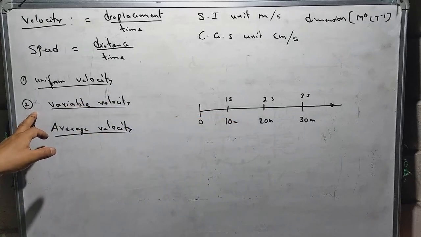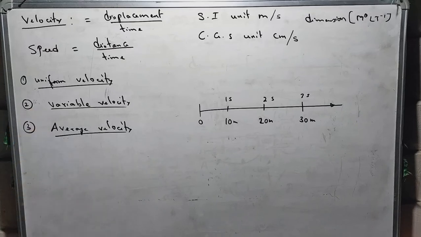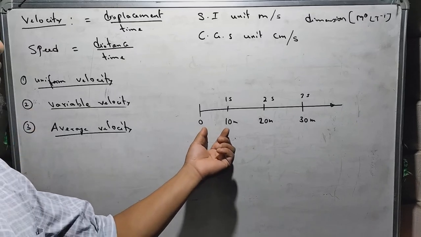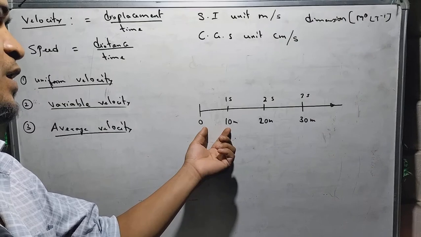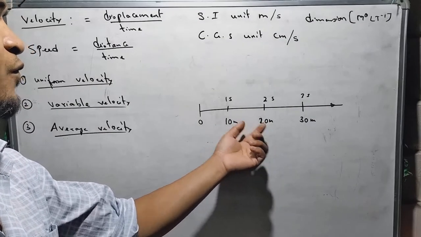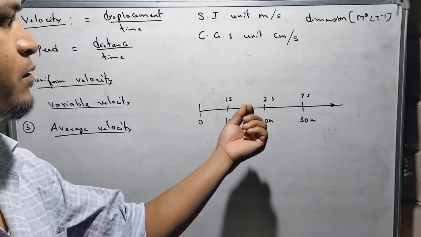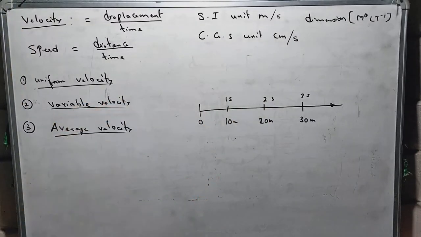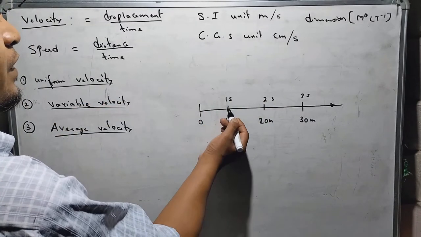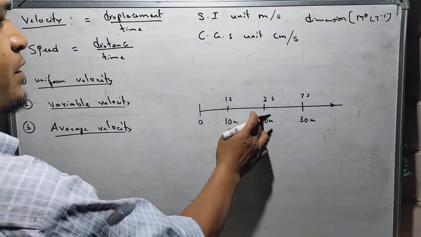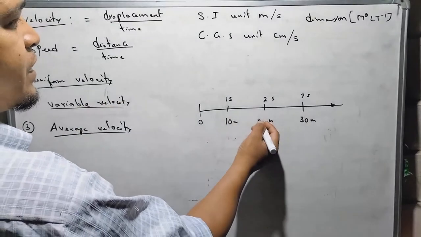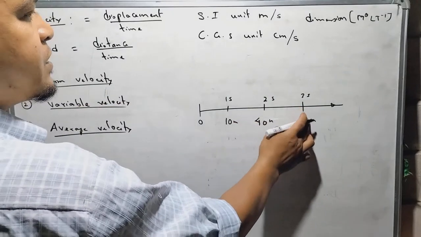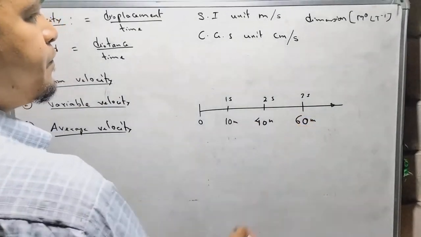Next, variable velocity. When the change in the displacement is not the same for the same time interval, then that velocity is said to be variable. For example, in 1 second the displacement is 10, in 2 seconds let's say it is 40, in 3 seconds let's say it is 60.